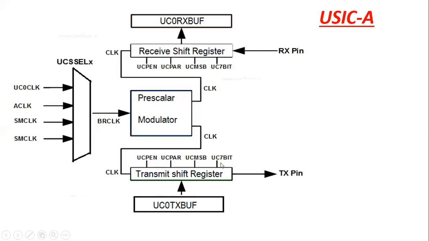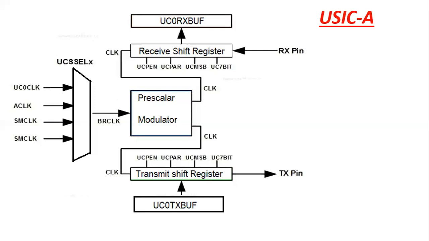Okay, then you have to observe here 4 bits are there for the transmit shift register. That's why those are called UC7BIT, because the data bits are 7 bits or 8 bits we are using. Generally 7 bits means ASCII code is a 7-bit code. ASCII code we studied in DLD or STLD. ASCII, American Standard Code for Information Interchange, is a 7-bit code.